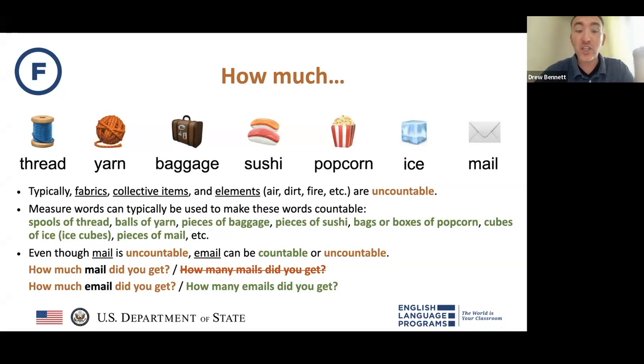So you can say, how much email did you get? Or how many emails did you get? And I think one reason is because with mail, you can count letters, you can count envelopes. But with electronic mail, with emails, there's nothing else to count, right? You can't count letters, you can't count envelopes.